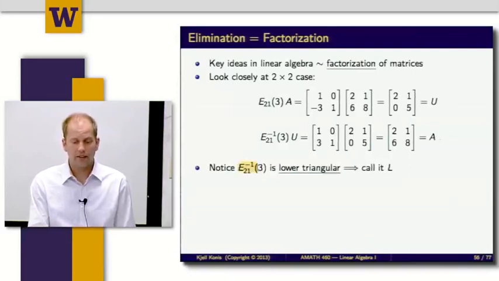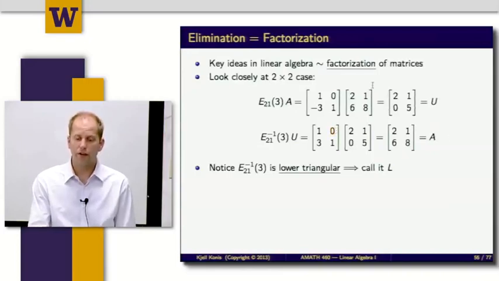And if you look closely at this E21 inverse, it's 1, 0, 3, 1, so it has a 0 up here. I called U an upper triangular matrix because the elements below the diagonal are 0. Here, I'm going to call this matrix L, so it's a lower triangular matrix because the elements above the diagonal are going to be 0.